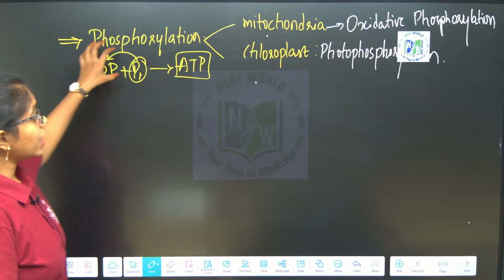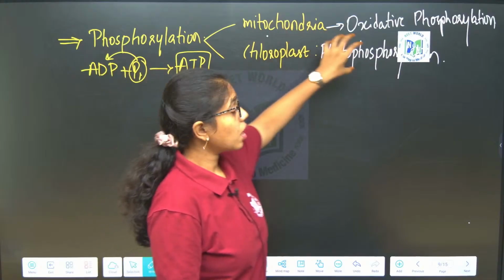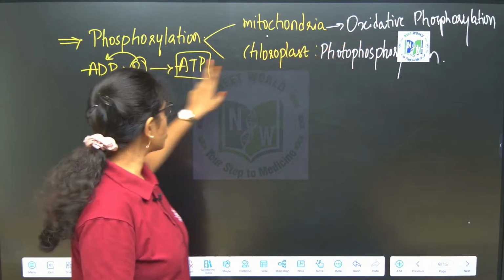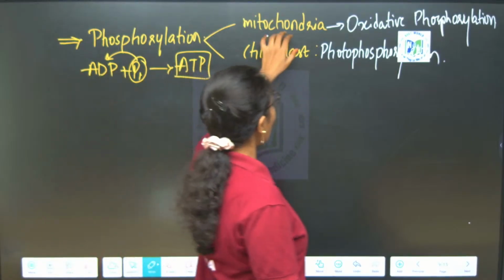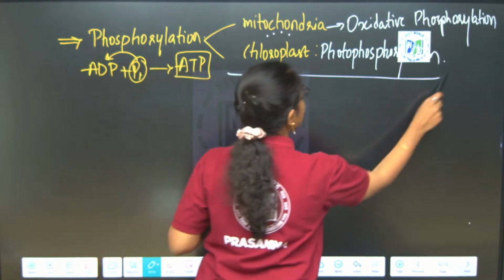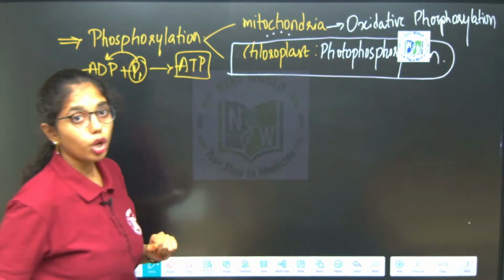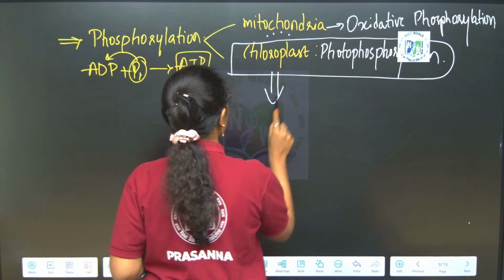So phosphorylation occurs both in the mitochondria and chloroplast. In chloroplast, as light energy is involved in the addition of the phosphate group, we call it photophosphorylation, and in mitochondria it is oxidative phosphorylation. Now let us clearly understand this photophosphorylation.